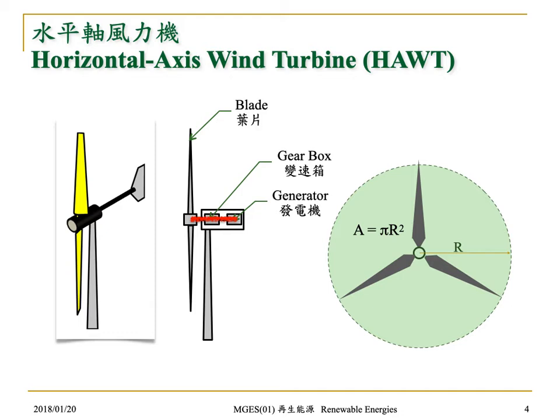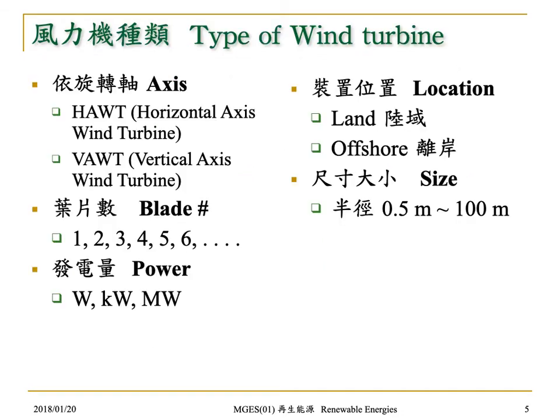There are many types of wind turbine, depending on how you classify them. Based on axis, there's the horizontal axis wind turbine and the vertical axis wind turbine. Based on the number of blades, it can be 1, 2, 3, there are many, but the most common is the 3-blade wind turbine.